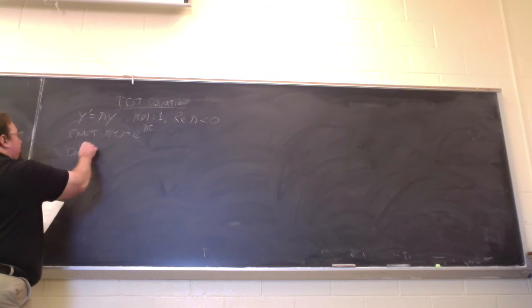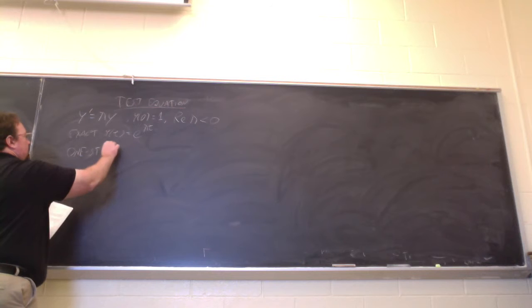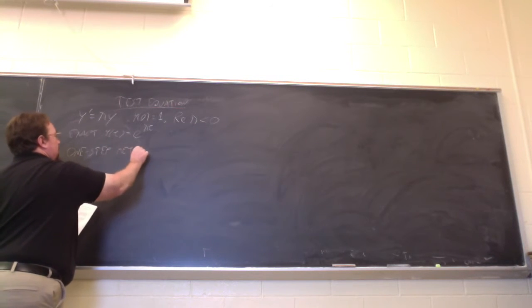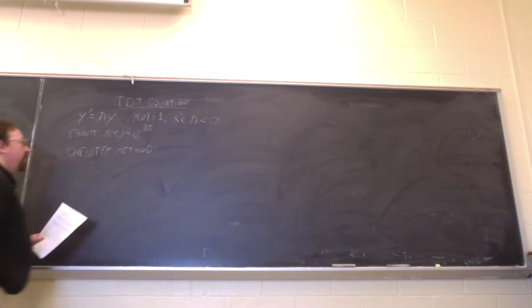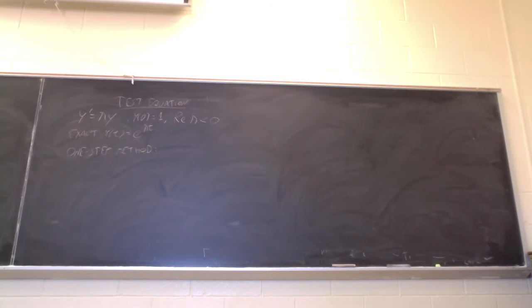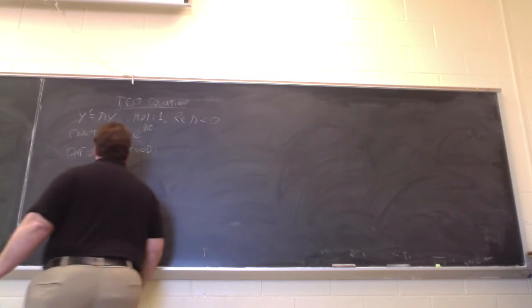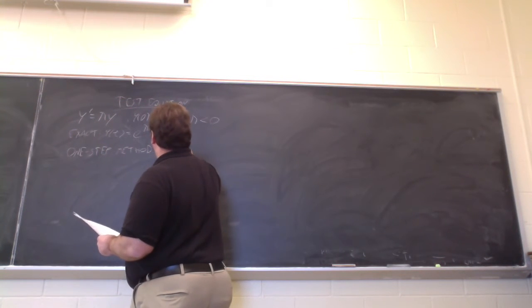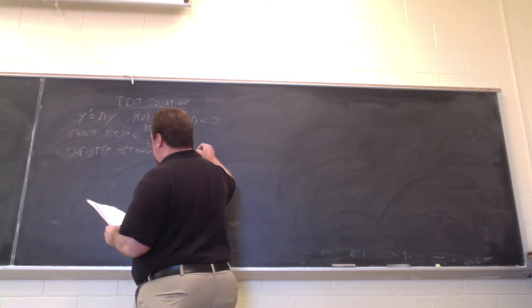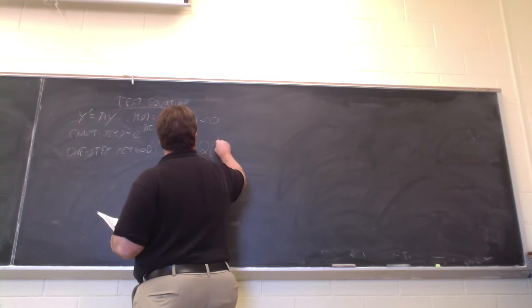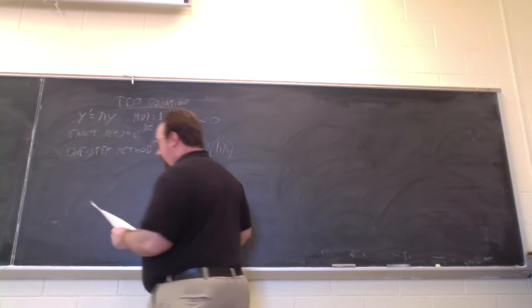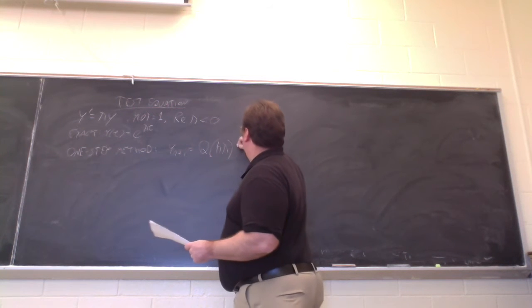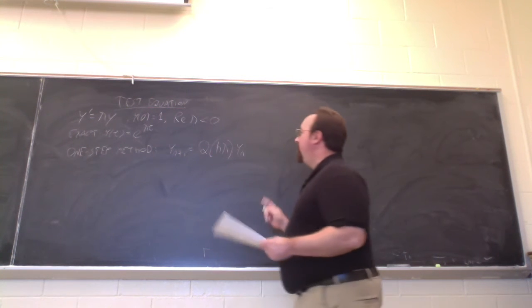When you apply a one-step method, whether it's Forward Euler or any Runge-Kutta method, because it's a simple linear equation, you always get something like this: y_{n+1} is equal to some function that I'll call q of h lambda times y_n. So you're always multiplying by something.